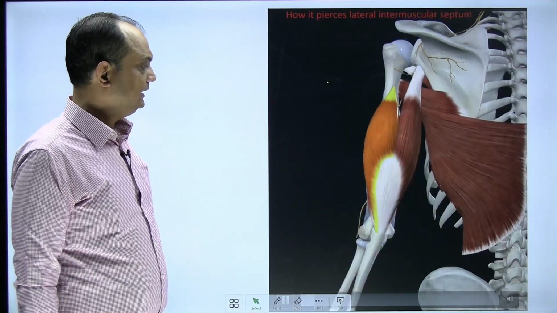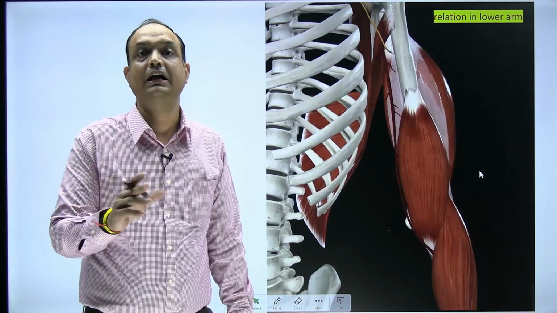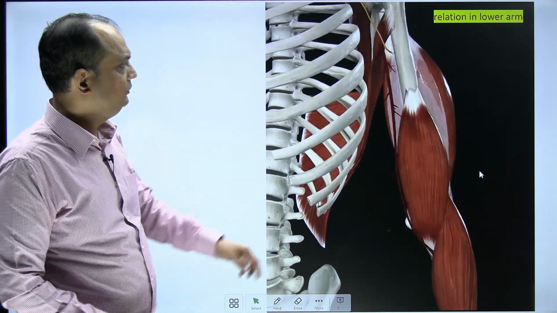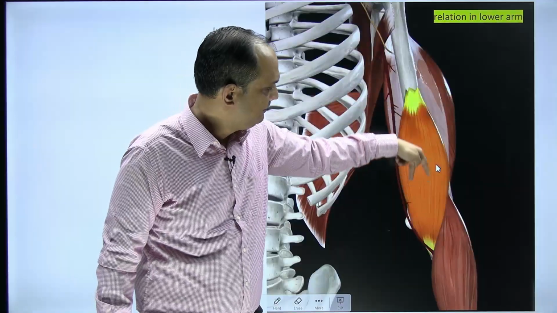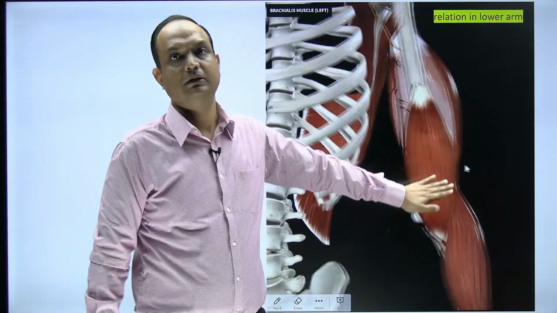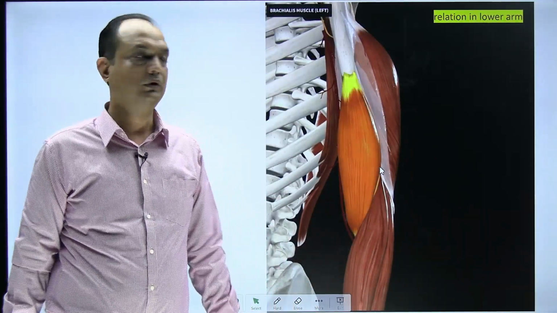Now another important thing is how this nerve lies between the intermuscular space. Here you can see this is your brachialis muscle. Now you know that brachialis arises from the humerus, and it crosses the elbow joint to go into the forearm.